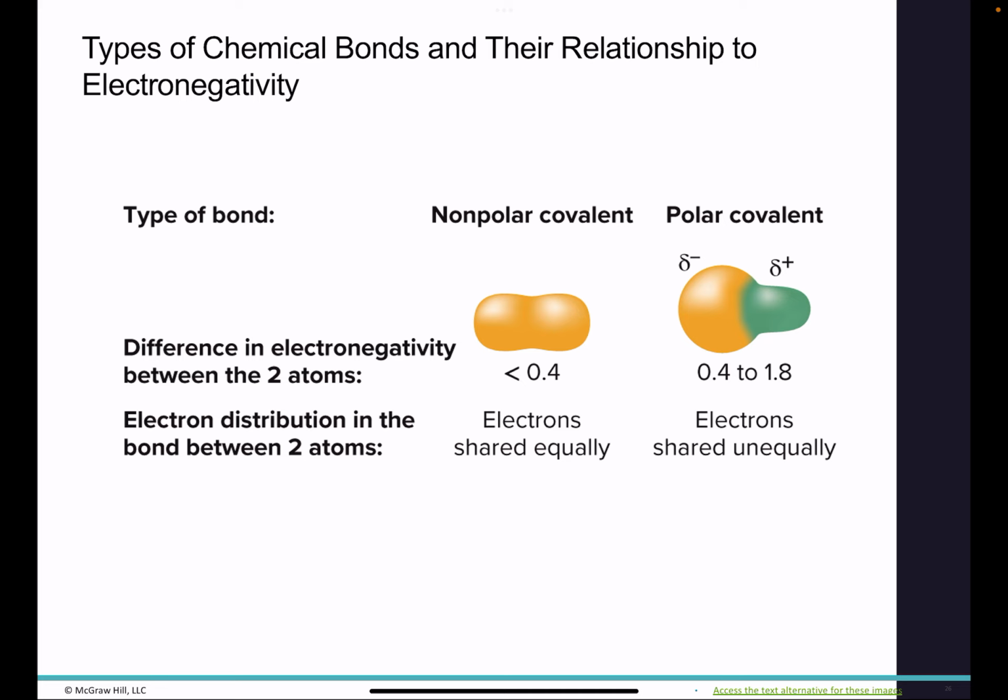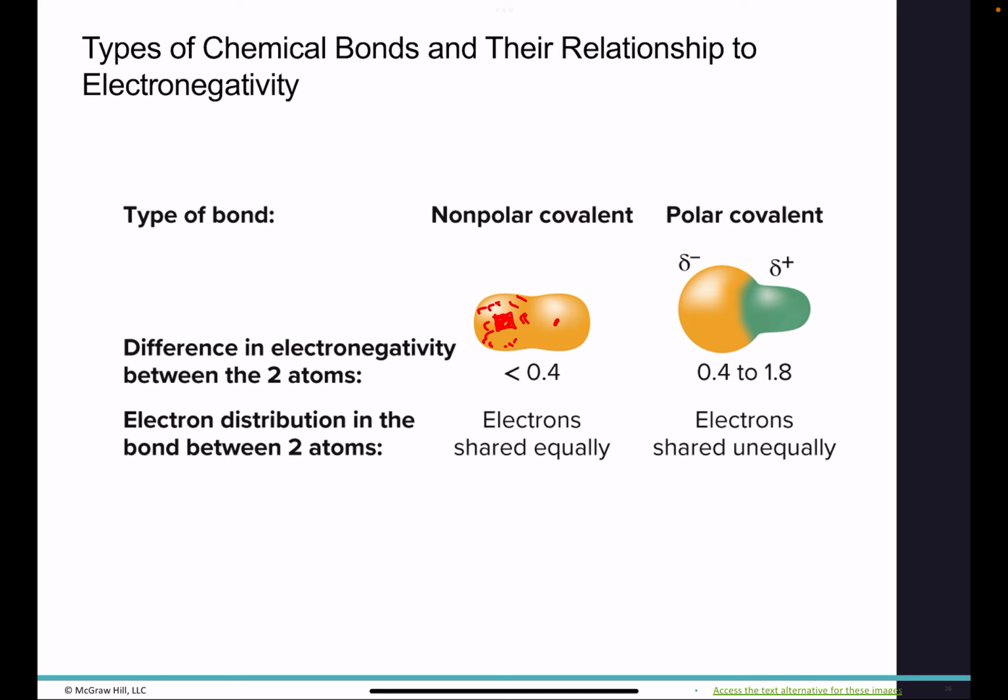So here is a diagram that shows the difference between the electronegativity in a nonpolar covalent and a polar covalent molecule. When you have two atoms that have essentially similar electronegativities, and you have the atomic nucleus in the center with those electrons surrounding it, those electrons are going to be found equally between one core and the other core.